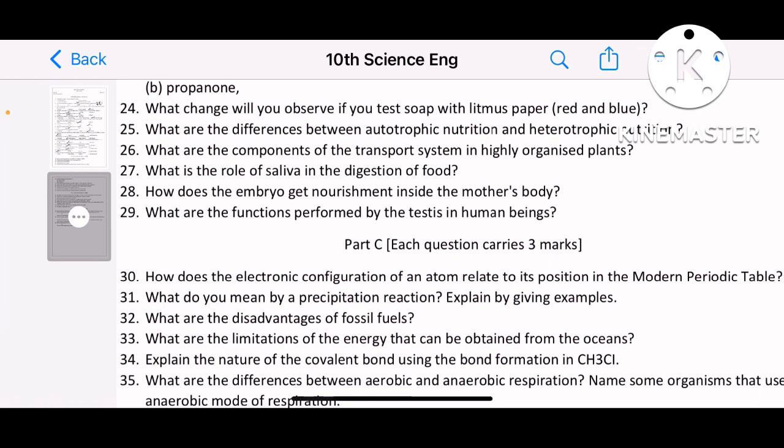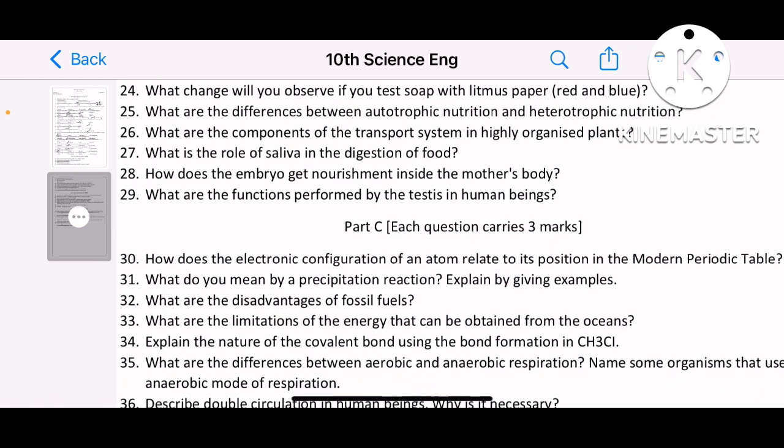Next question is question number 26. What are the components of transport system in highly organized plants? As we all know, highly organized plants supply food and water through specialized tissues called xylem and phloem.